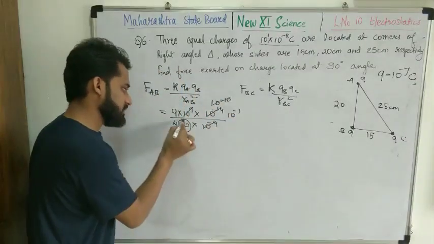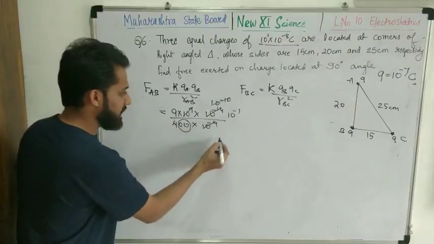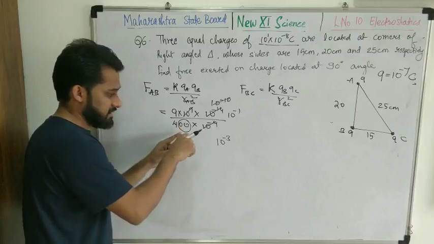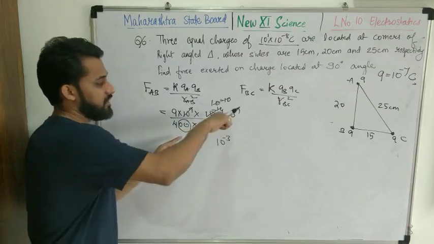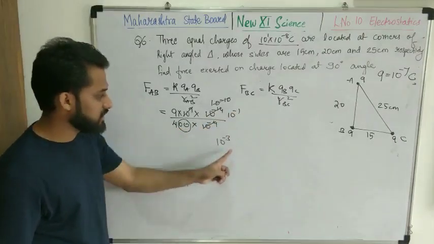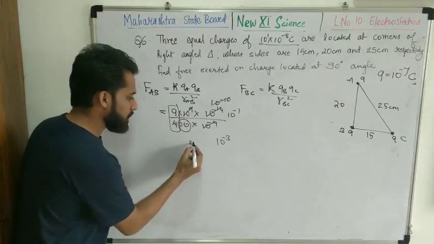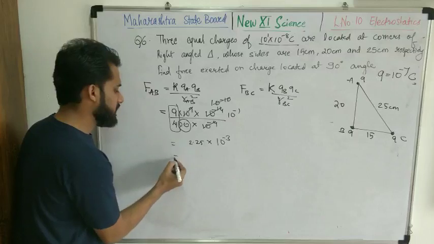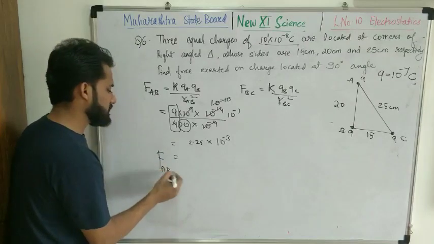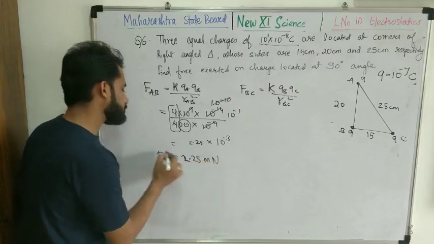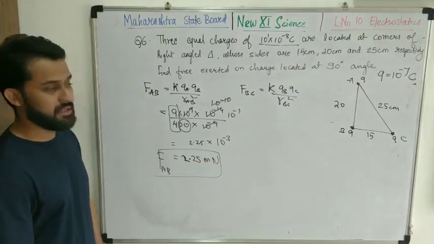And these two zeros in the denominator, if they go up, will make this 10 raised to minus 1 become 10 raised to minus 3, because in the denominator it is 100, that is 10 raised to 2. Minus 1 minus 2 is minus 3. We are left with only 9 and 4, and 9 by 4 is 2.25 into 10 raised to minus 3, which I can write as force AB is 2.25 millinewton.